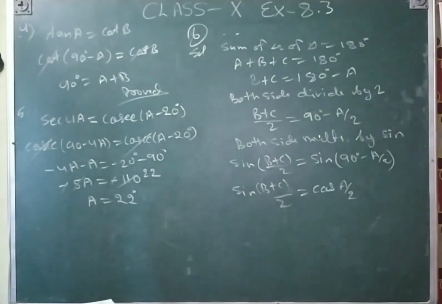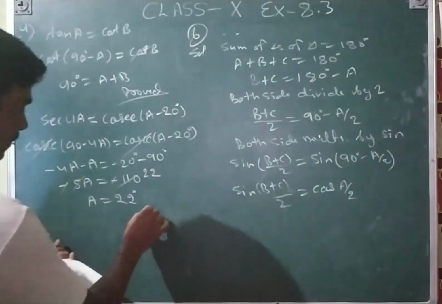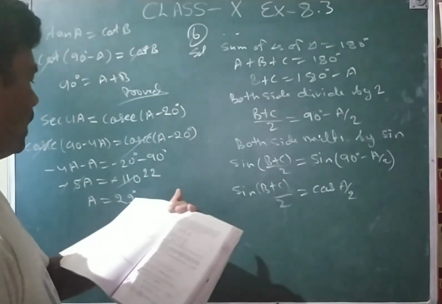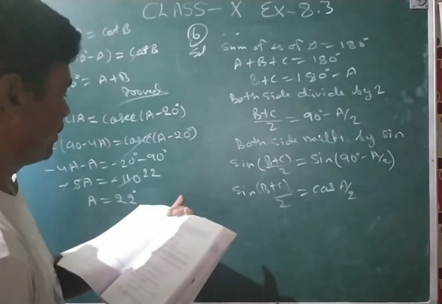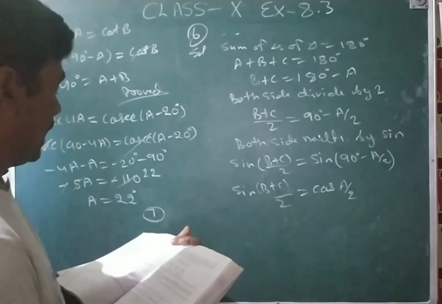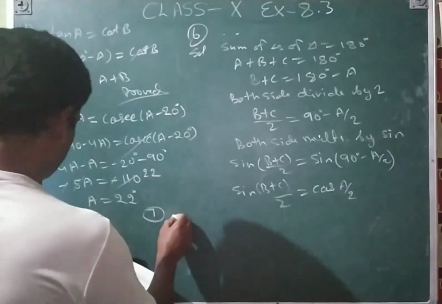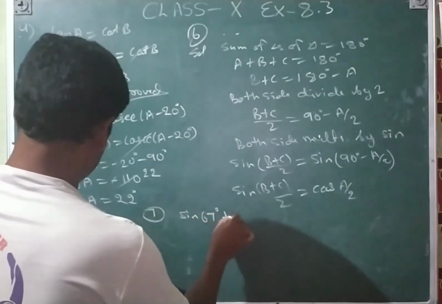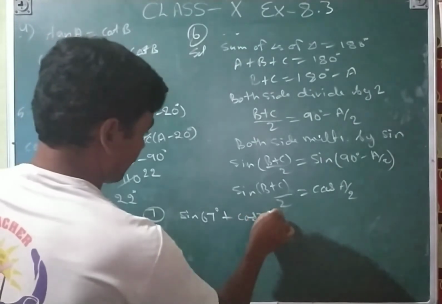And then the last part, the seventh question: express sin 67 plus cos 75 in terms of trigonometric ratios of angles between 0 and 45. First of all, we write the question: sin 67 plus cos 75.